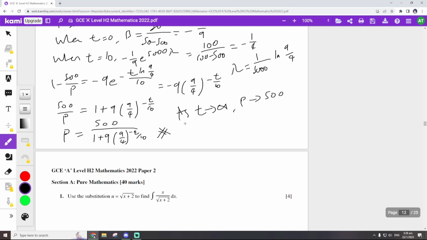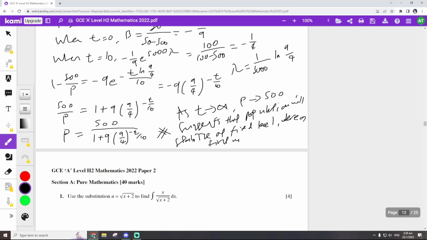Well, it suggests that the population will stabilize at a fixed level, whereas the first model predicts infinite growth, right?